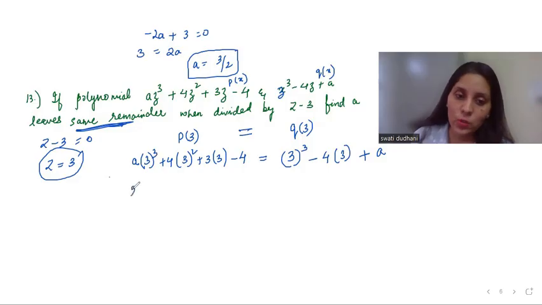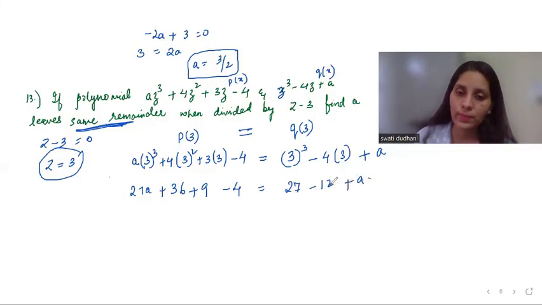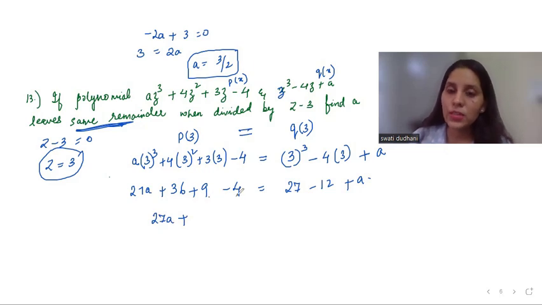Now 3 cube is 27a plus 3 square, 9 into 4, 36 plus 3 into 3, 9 minus 4 equal to 27 minus 12 plus a. So now 27a plus 36 plus 9 minus 4 is 5, 36 plus 5 is 41, is equal to a plus 27 minus 12 is 15.